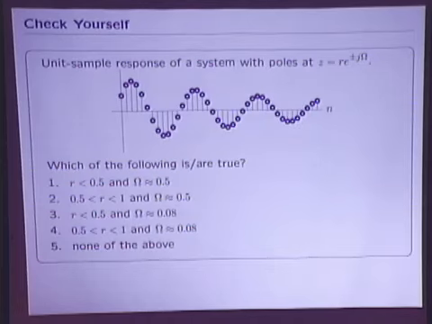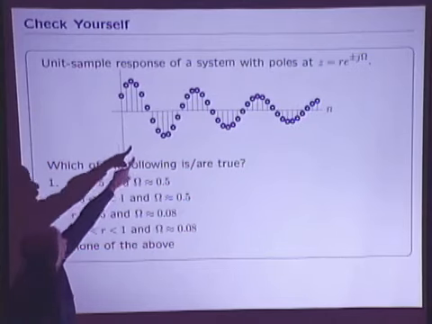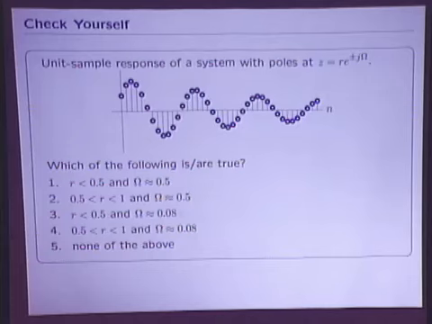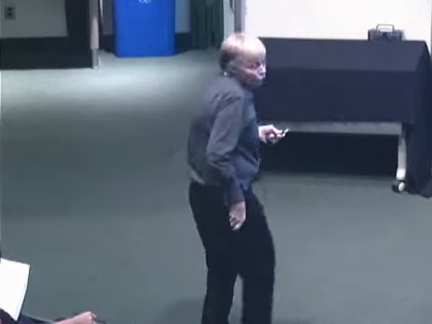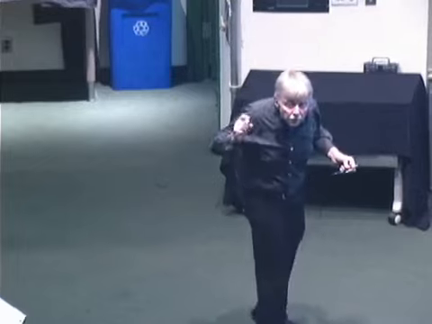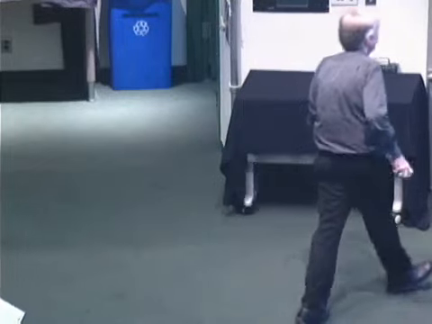How do you think about r and omega? So let's say that I plotted the response here. Can you figure out by looking at that, what is r? Can you estimate r? R is approximately 0.9.